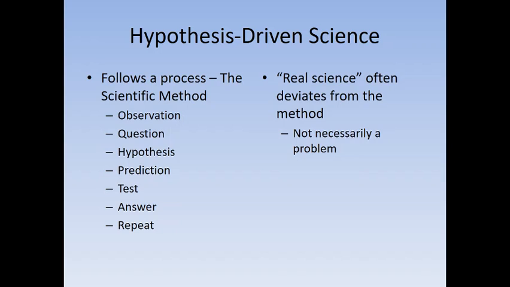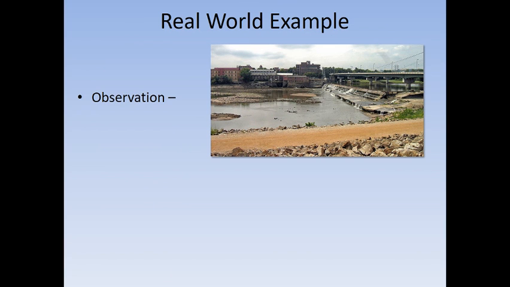So what I wanted to do is just look at one of the experiments that I did in the past. I used to live in Kansas, and there's the Kansas River going through there.